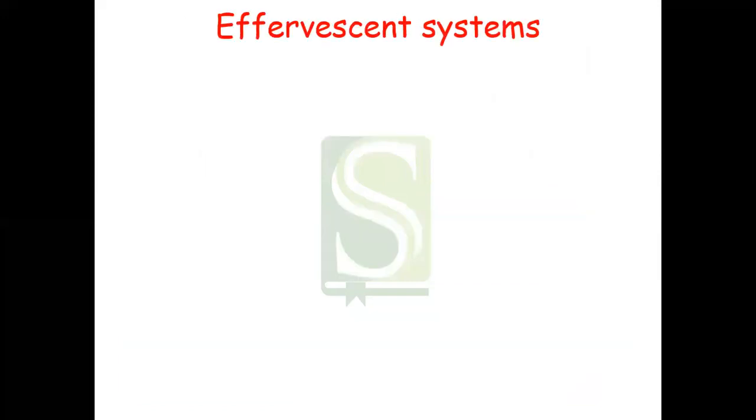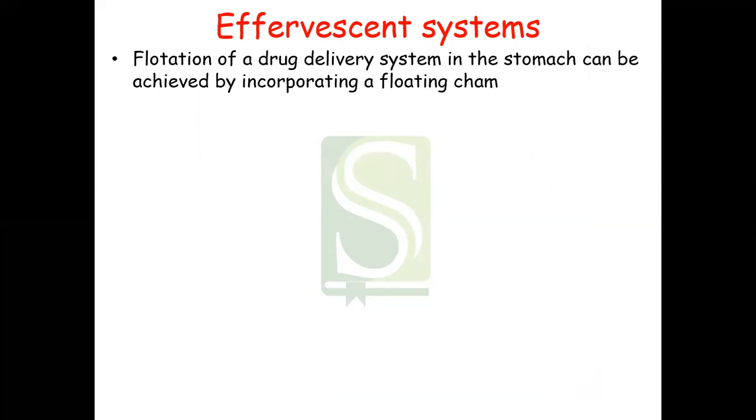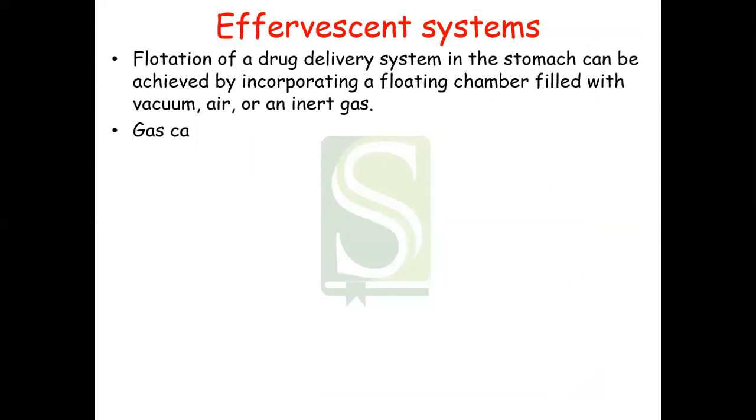Now, first we will see the effervescent system. The name itself is suggestive that effervescence will be created. Effervescence or some type of gas is created here. So flotation of a drug delivery system in the stomach can be achieved by incorporating a floating chamber which is filled either with vacuum or air or with an inert gas.